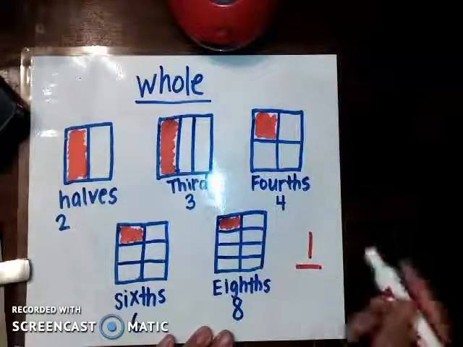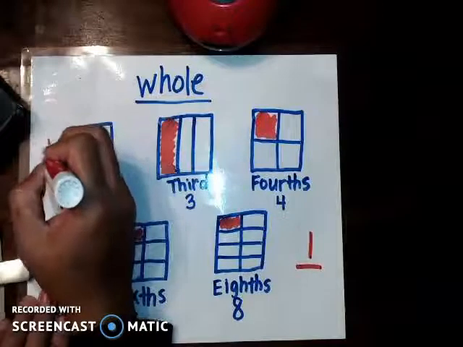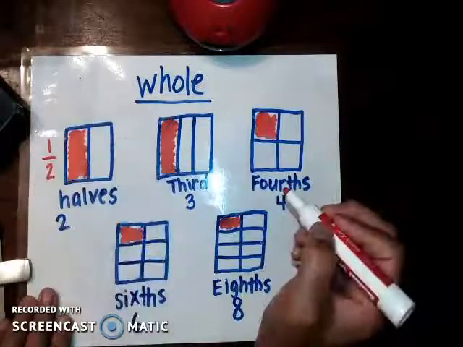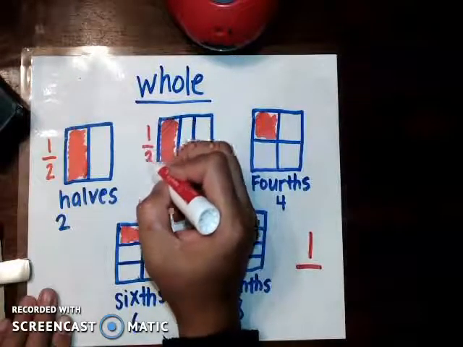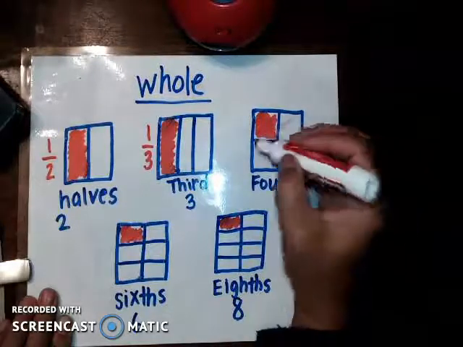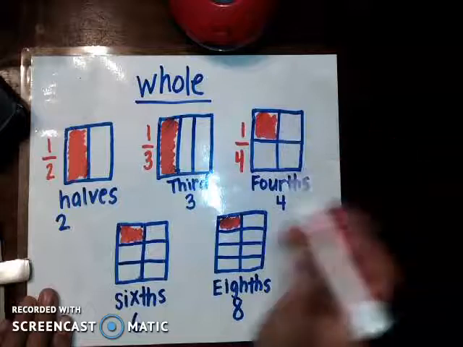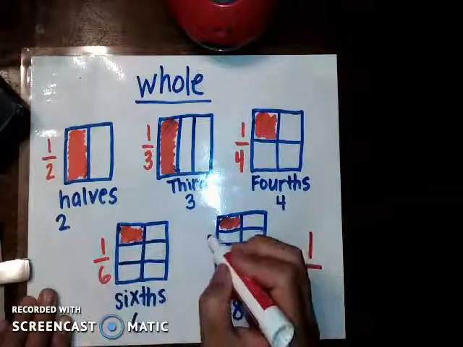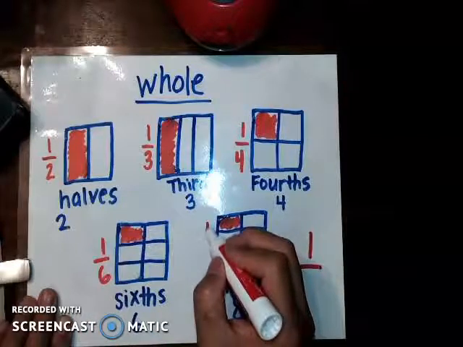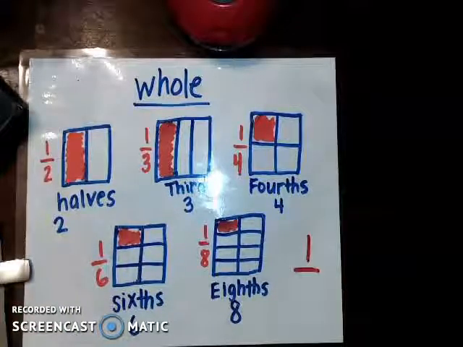So if we're talking about 1/2, it would look like this, 1/2. If we're talking about 1/3, it would look like this, 1/3. 1/4 would look like this, 1/4. I think you already know what 1/6 is going to look like. 1/6, and then 1/8. We call that part of the whole, just one part.